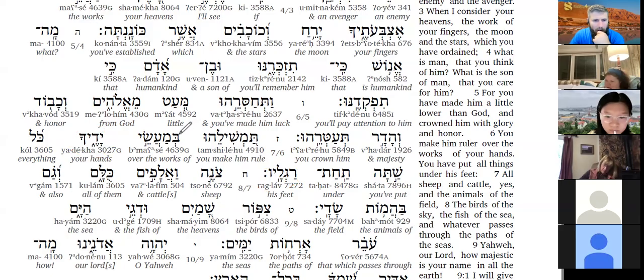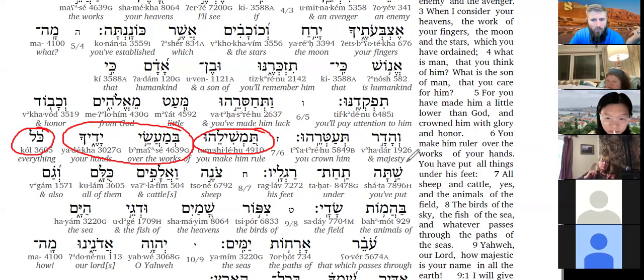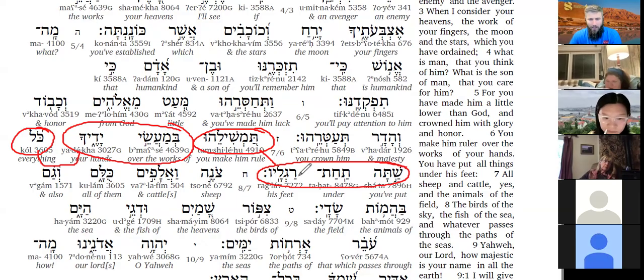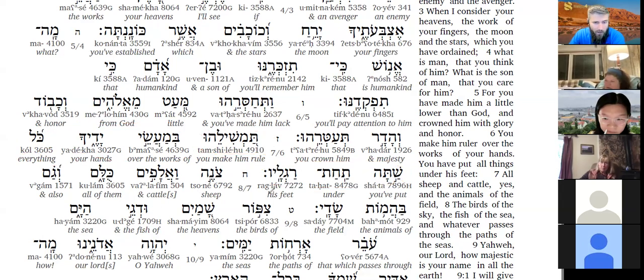I would say ma'aseh yadecha, the works of your hands, would go with kol. Tamshilehu, you made him rule. Shata tachat raglav. Those go together. But still, the fact that you have yadecha and raglav, that's definitely a type of parallelism, because hands and feet go together.